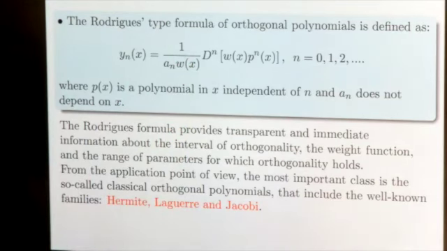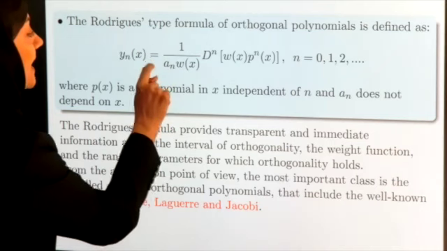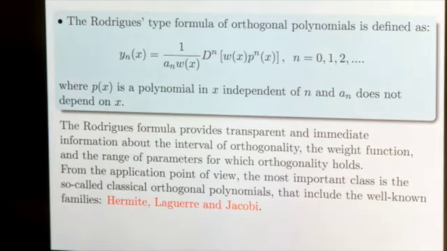Here p of x is a polynomial in x and independent of n, and here an is not dependent on x.